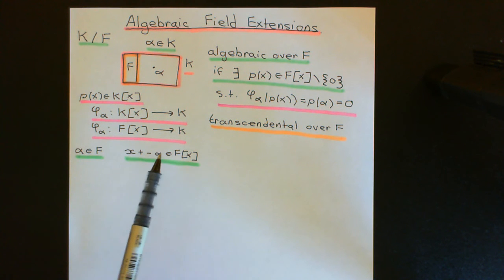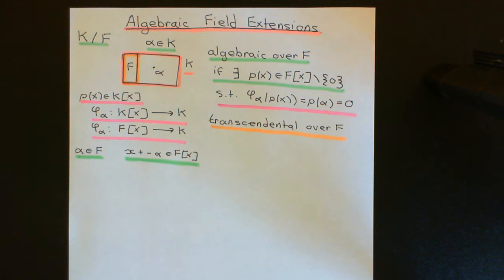The addition becomes addition in the field capital F, and you'll be adding alpha to its additive inverse, which will of course give you 0. So any element that's in the actual smaller field is always algebraic over that smaller field. The question becomes more interesting when we apply it to the elements that are in the larger field, capital K, but which are not in the smaller field, capital F.